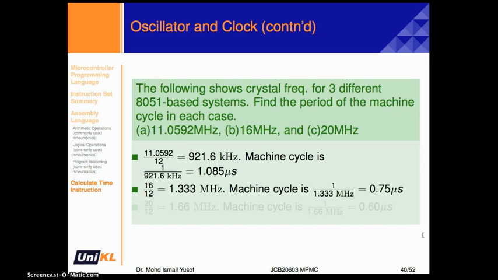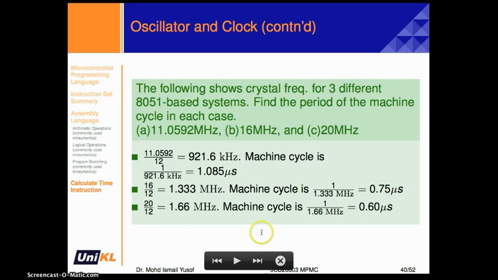For the oscillator with a value of 16 megahertz, we just divide it by the number of pulses, 12. We get 1.333 megahertz. So the time required is 1 over 1.333 megahertz, which is equal to 0.75 microsecond.